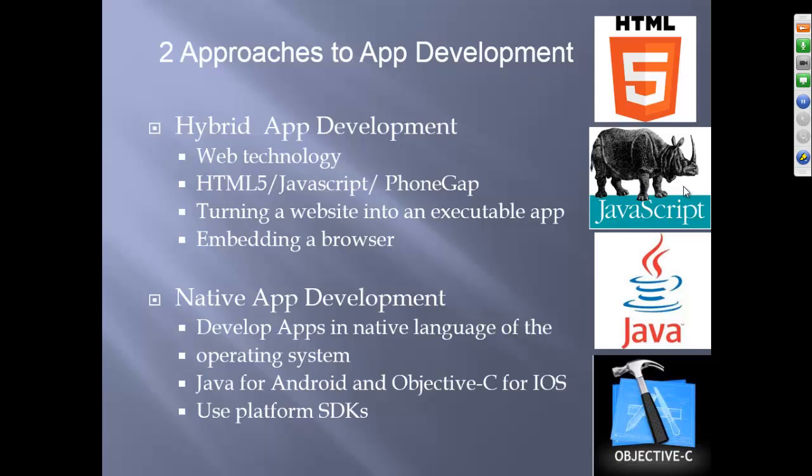So when you're building a native app, you are building it directly and specifically for the device that you want to support. You would use native SDKs provided by the mobile platform device vendor, and you're creating an app that way.